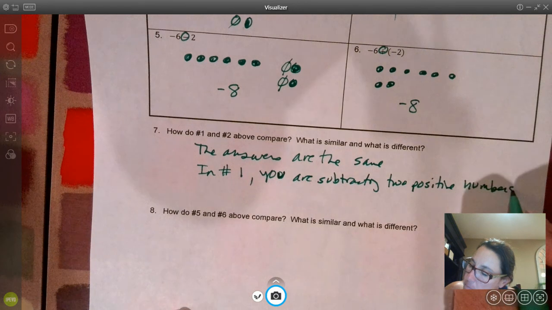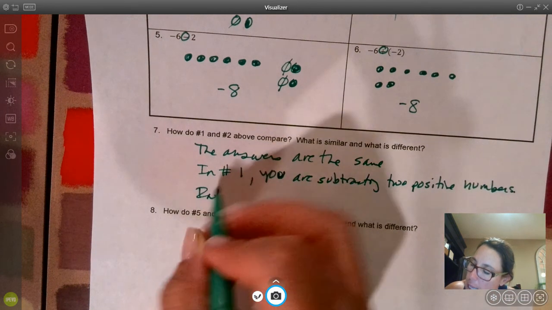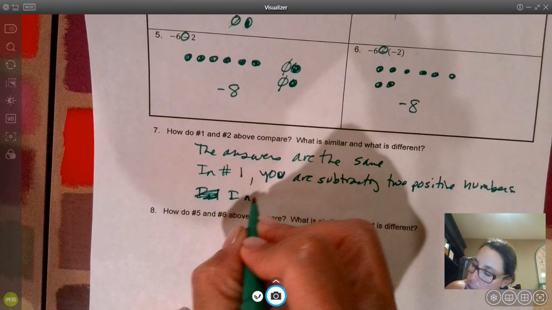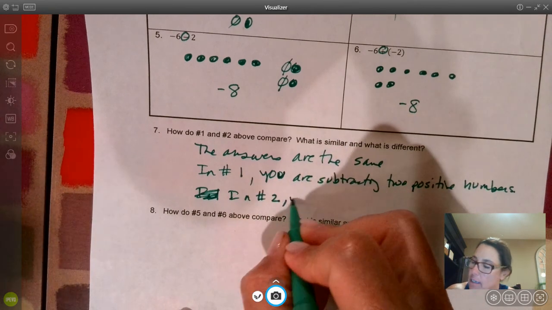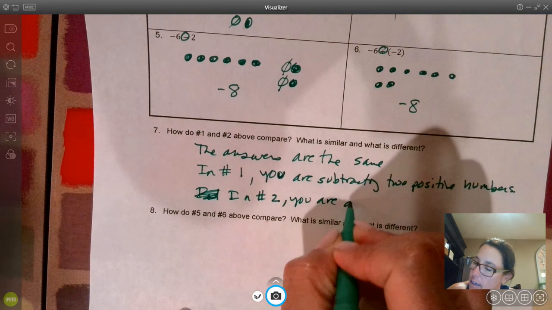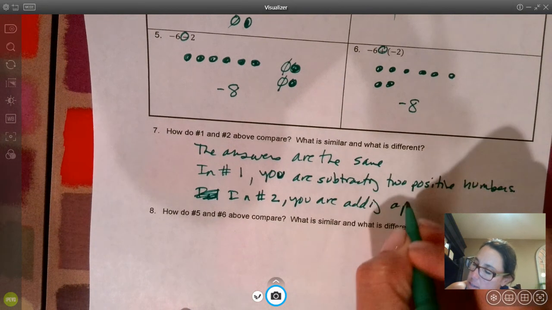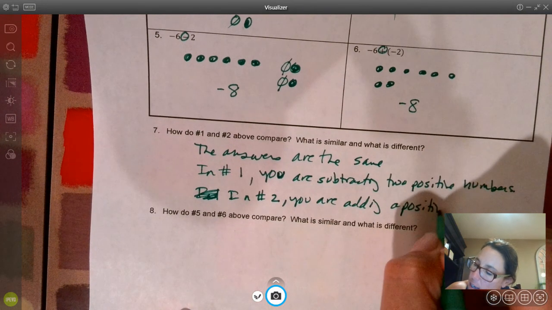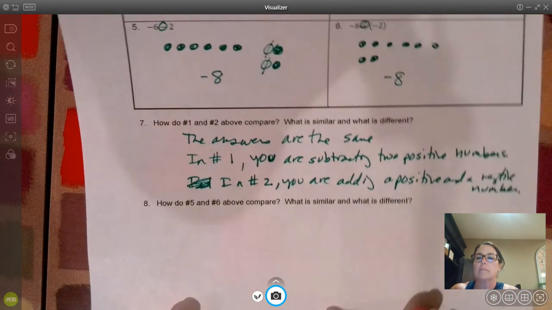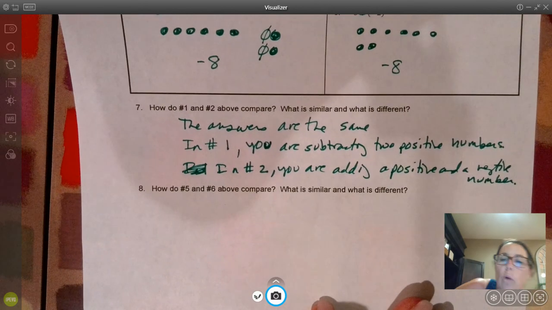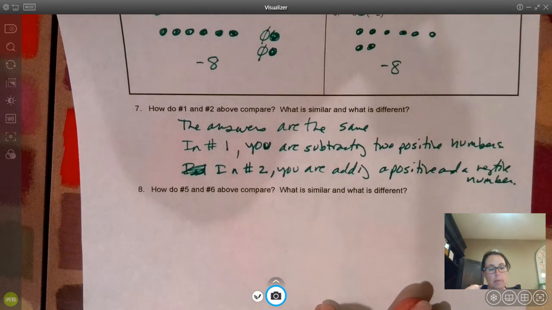In number 2, you are adding a positive and a negative number.